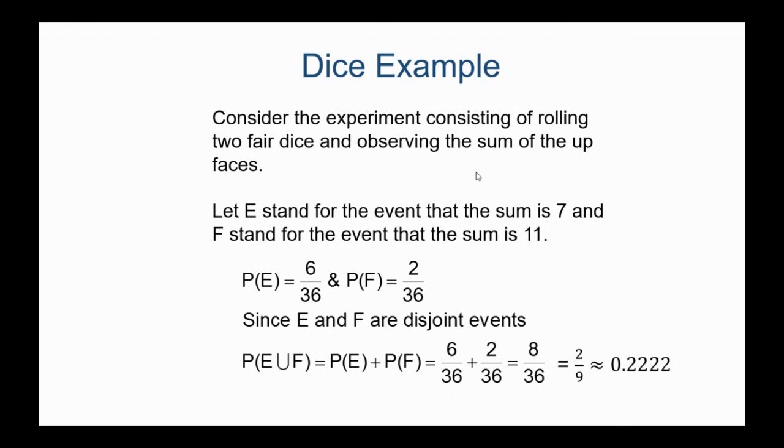Okay, questions on this example? Or on anything we've done today? For the disjoint, are you saying, could I say, like, instead of E or F, say E and F?